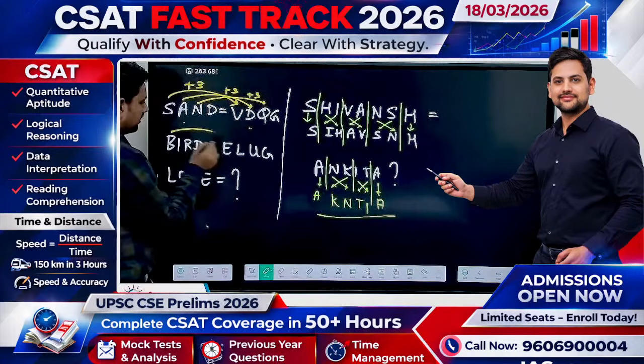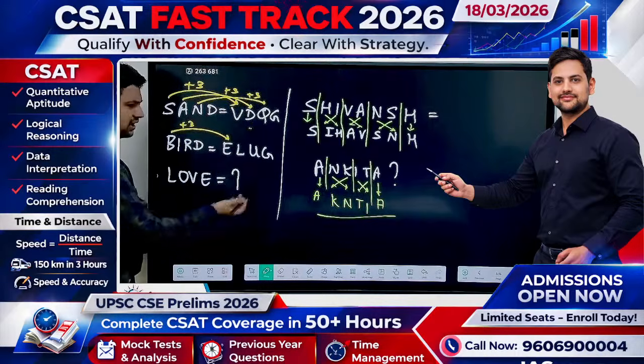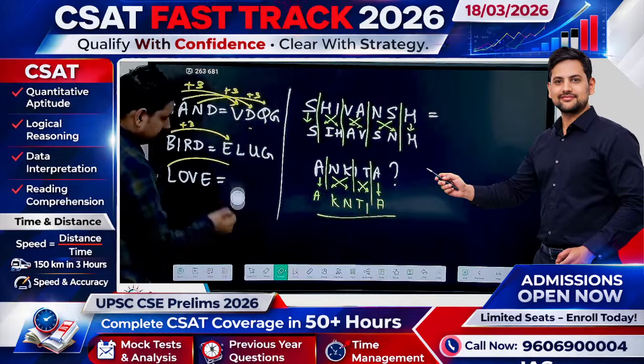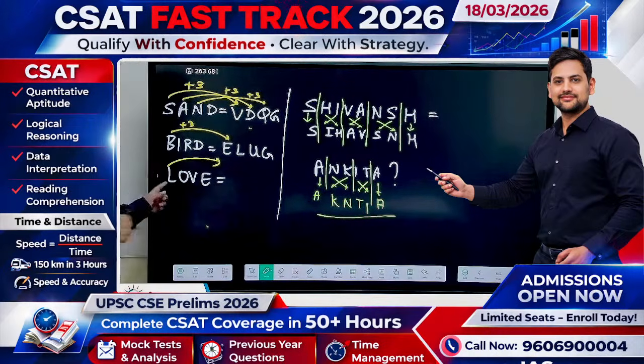Similarly, we'll get something here. What are we getting here? B, C, D again and E. So everything is getting plus 3. Same thing you do here. What will you get? L plus 3.